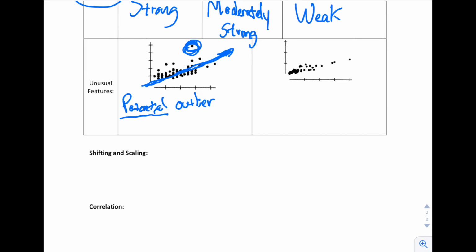Now with scatter plots, you can be a little more specific and tell me in which direction. Is this an outlier because it was farther to the left or right of the rest of the data, or farther up and down from the rest of the data? You can see this guy's an outlier because it's higher up than most of the other points. So we would say this is a potential outlier in the y direction.